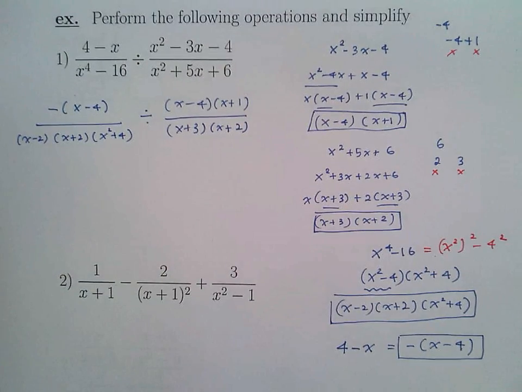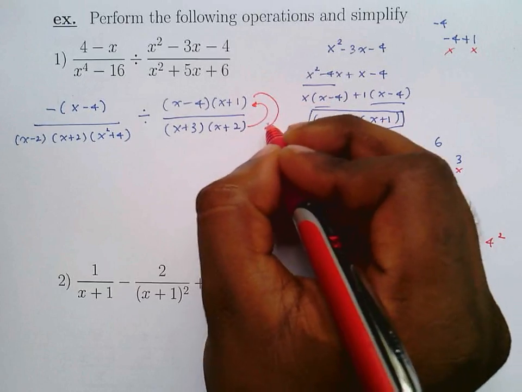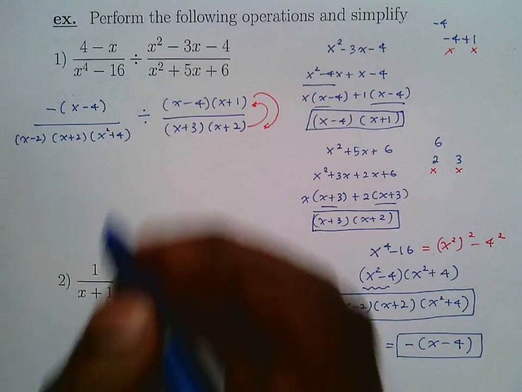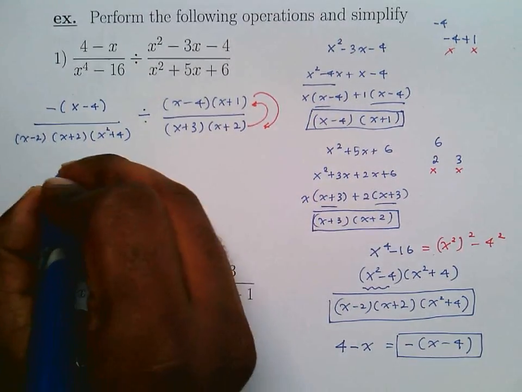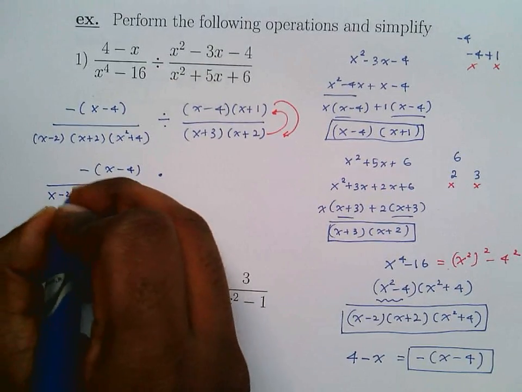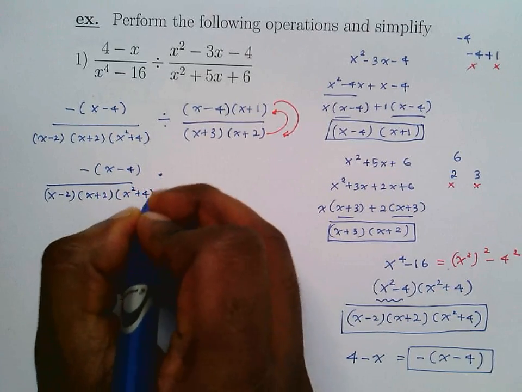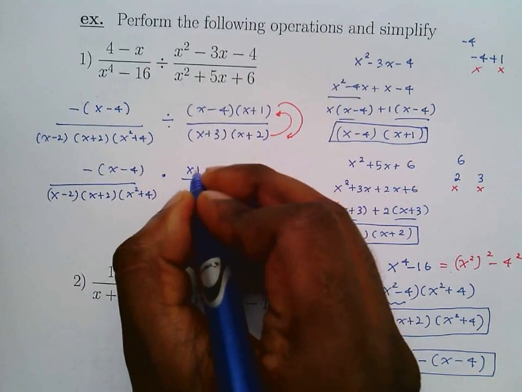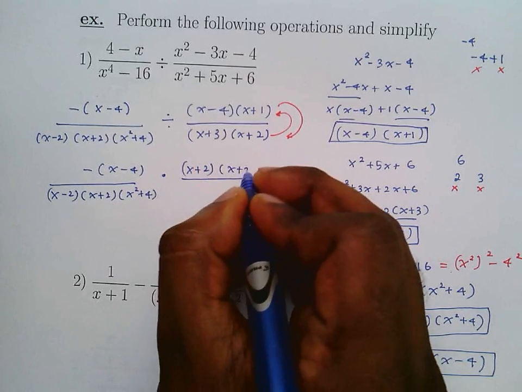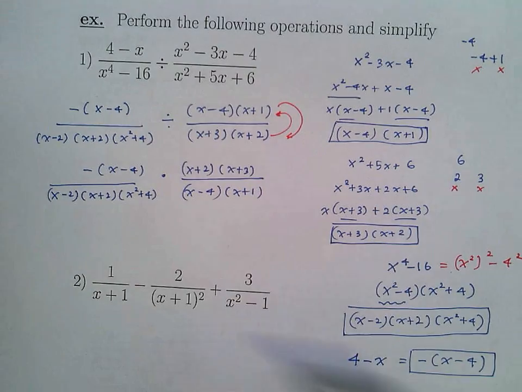Now because we are doing a division, you just flip the second term, so this goes here and this comes there, and it becomes a multiplication, and then you can cancel things off. x minus 4, x minus 2, x plus 2, x squared plus 4, x plus 2 on the top, x plus 3 on the top, x minus 4 on the bottom, x plus 1 in the bottom.